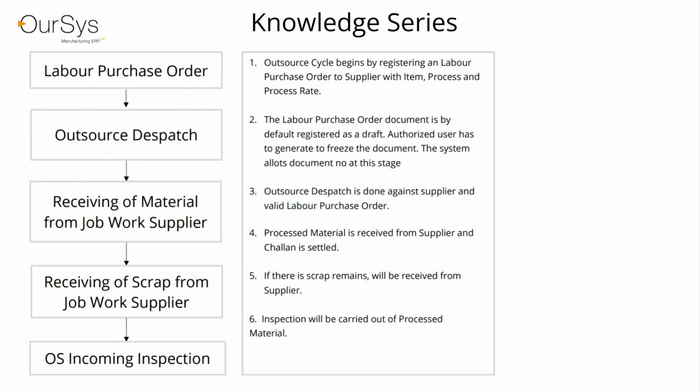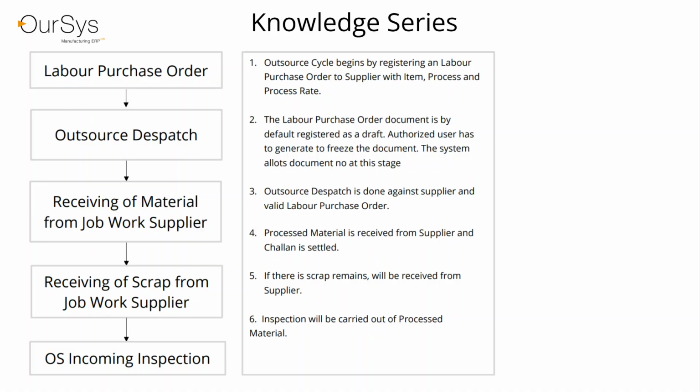Before we proceed with the outsource rejection part, I would like to present the standard process of managing outsource. As you can see, in the standard process, a labor PO must be generated in the system. Then outsource dispatch takes place, then receiving against that dispatch, and the last one is the outsource incoming inspection.